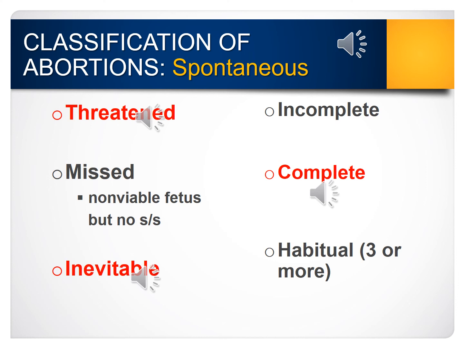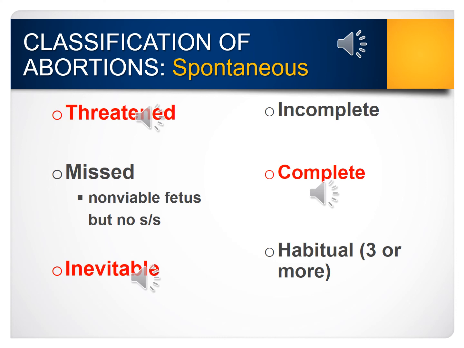So inevitable abortion, and I use the initials AB for abortion, is when a loss of pregnancy is going to occur. So this is that woman who was bleeding and the HCG levels are decreasing, or we don't see a fetal heartbeat any longer on an ultrasound.